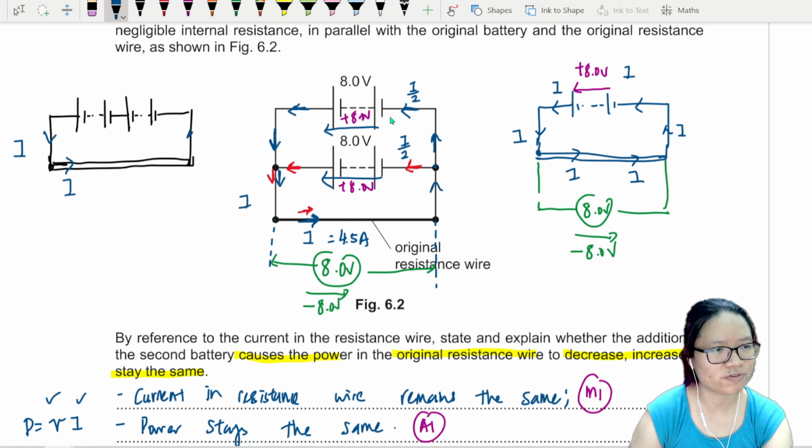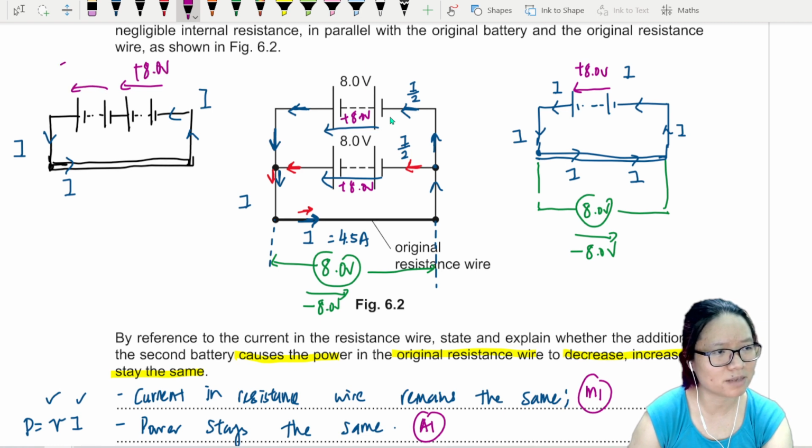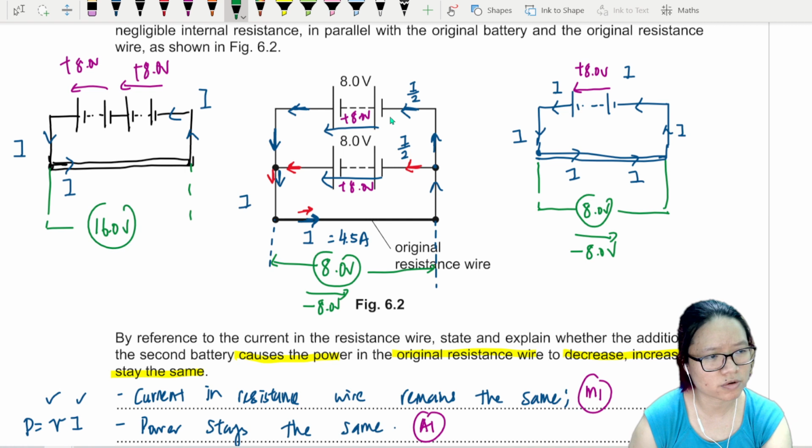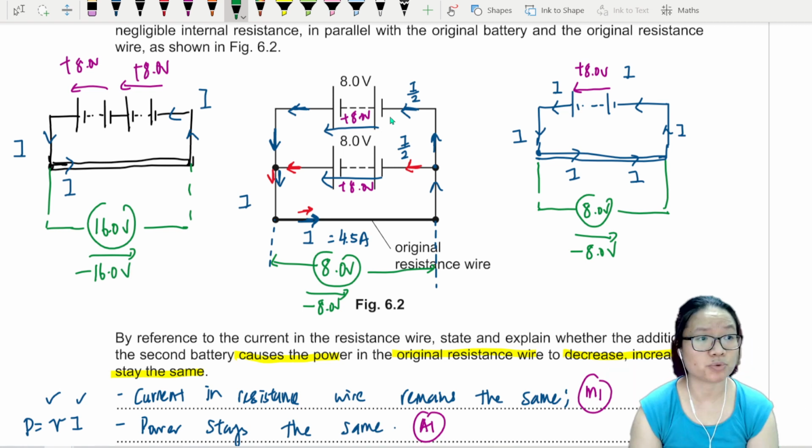But when the current flows through the wire, it will get a positive 8.0 bump, another positive 8.0 bump. So the potential difference across this wire is now 16.0 volt, minus 16.0 volt. This is when the batteries are placed in series.